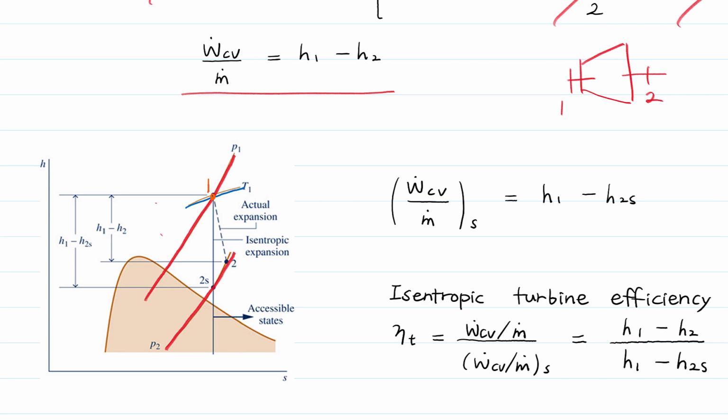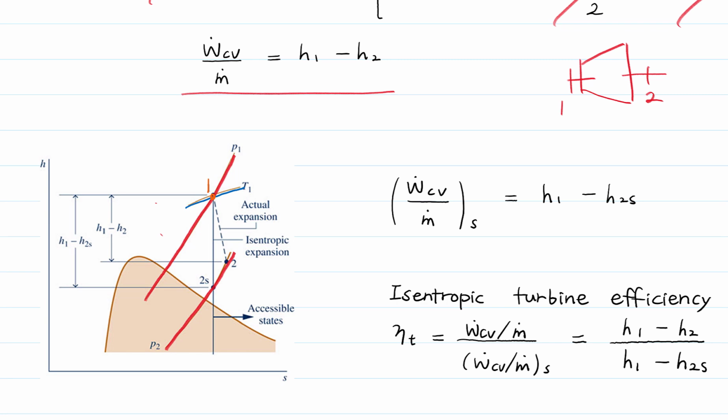So we should note that the state of the fluid entering the turbine and the pressure at the exit are fixed. They are identical for both the actual process and the isentropic process. At the inlet, the fluid properties are predetermined before the fluid enters the turbine. So the state at the inlet is fixed.